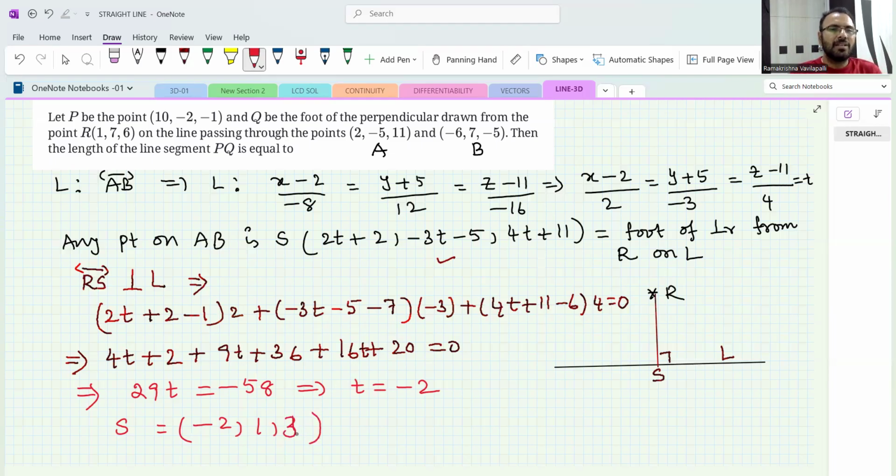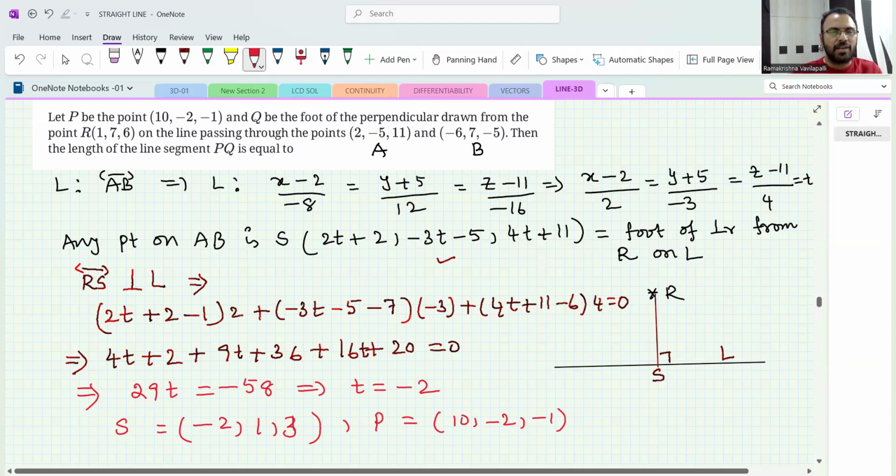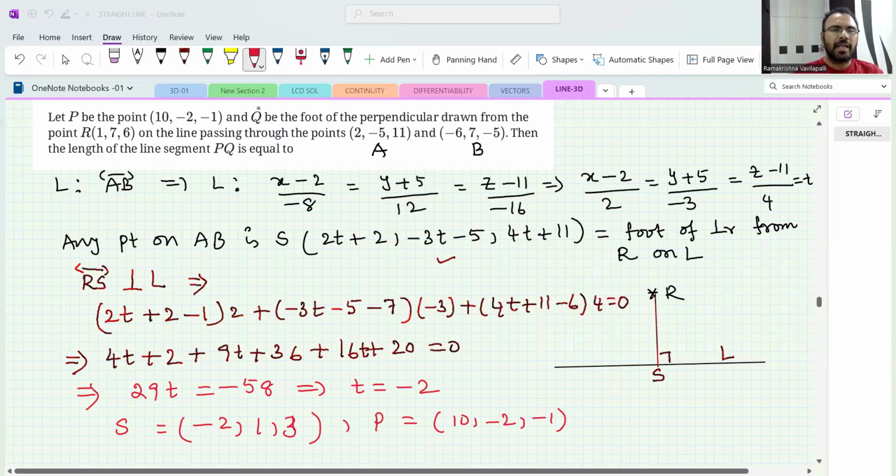They are asking what is the distance between P and Q. So what is the point P? P point is equal to 10, minus 2, minus. Now it is easy to find the distance to the foot of perpendicular. Yes, I did not see that Q is the foot of perpendicular.